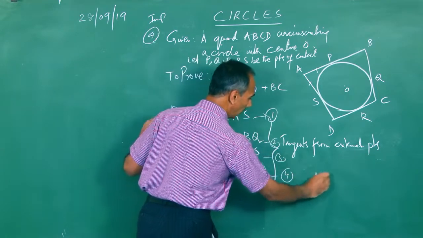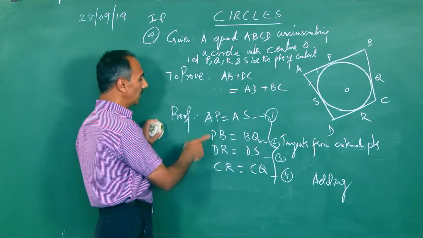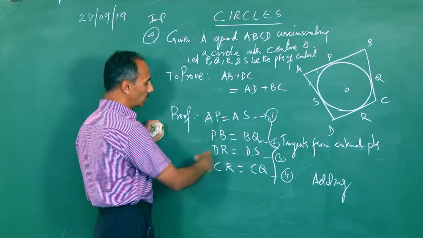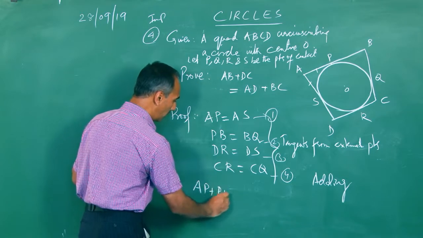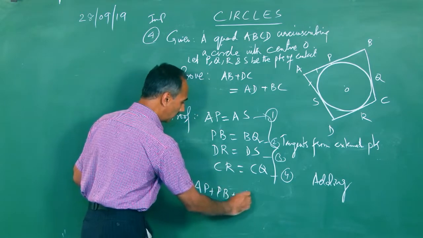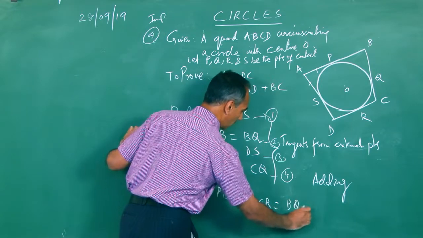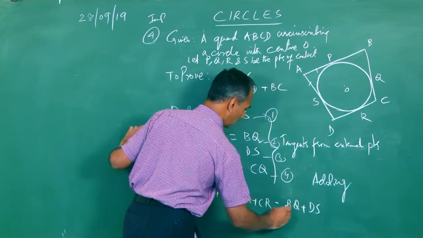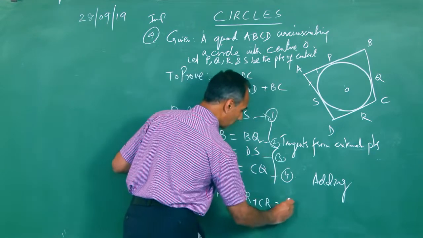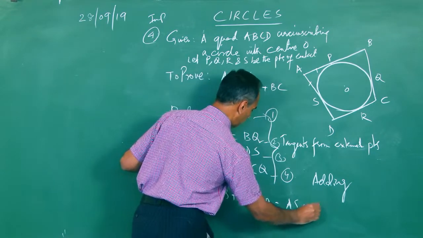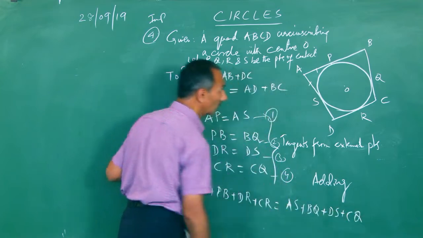So what we'll do, we will add them. Why should we add them? Because we want AB. AB is AP plus PB. So when you add, on the left hand side, this is AP plus PB plus DR plus CR is equal to AS plus BQ plus DS plus CQ.